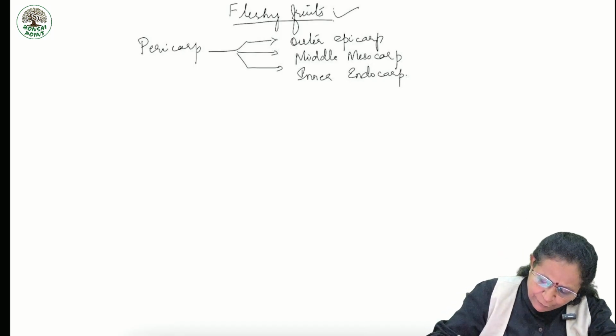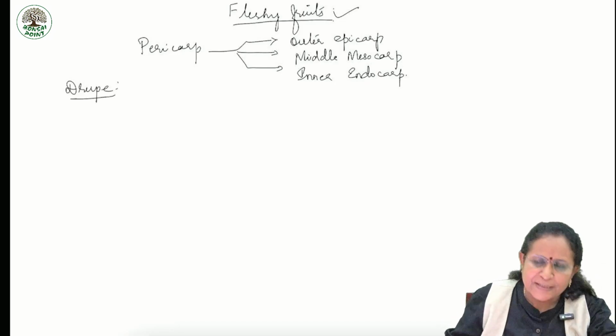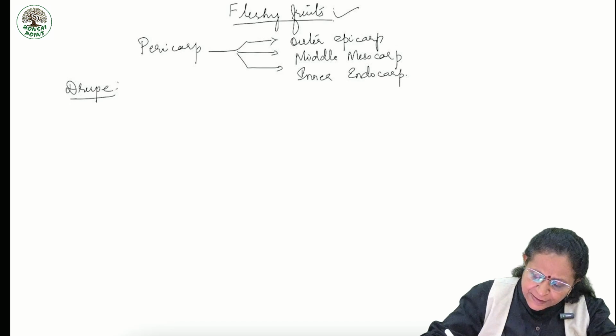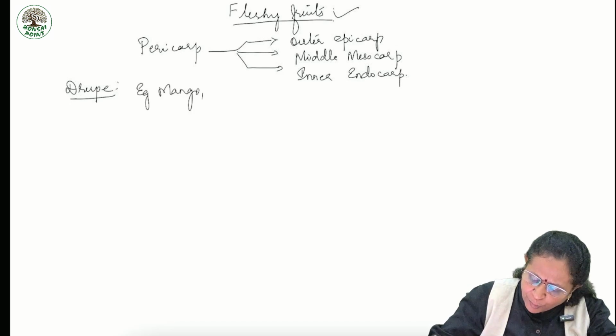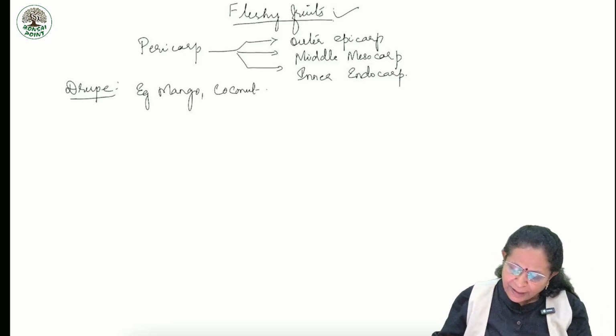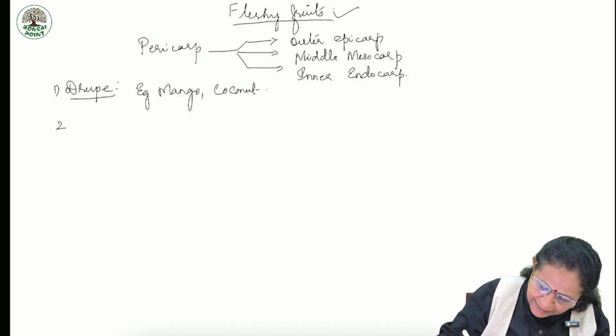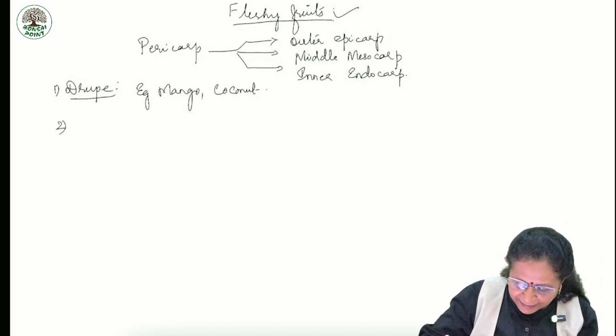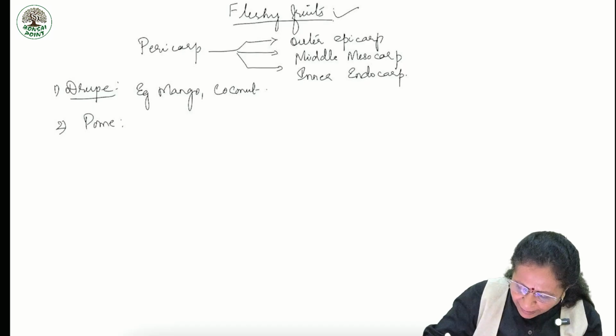Now, under the fleshy fruits we have many types, but as per the syllabus we are studying drupe. Under this drupe we have examples. One is mango, other is coconut. Okay. Then second type of fleshy fruit that we are studying is pome.